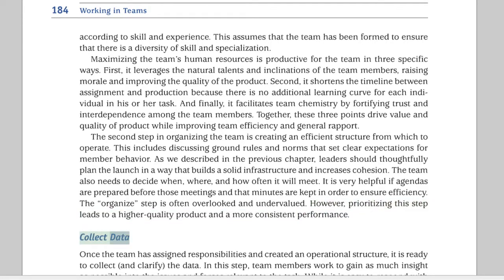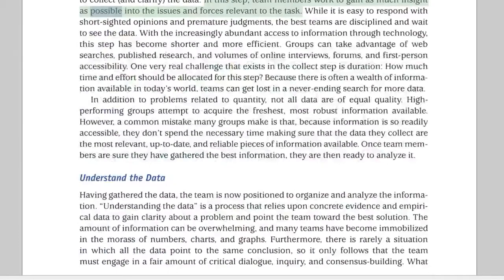Collect data. Once the team has assigned responsibilities and created an operational structure, it is ready to collect and clarify the data. In this step, team members work to gain as much insight as possible into the issues and forces relevant to the task. While it is easy to respond with short-sighted opinions and premature judgments, the best teams are disciplined and wait to see the data.